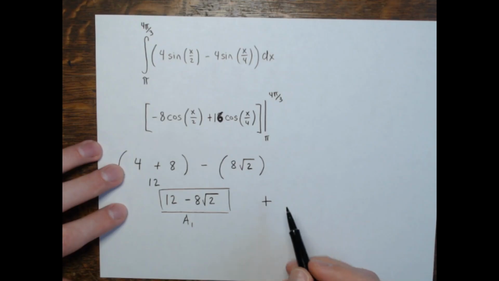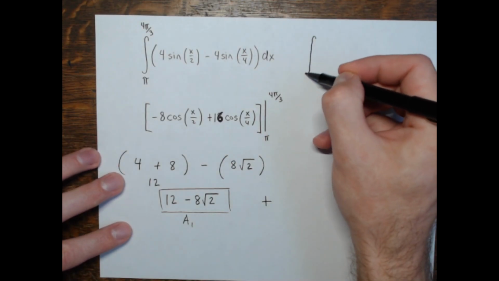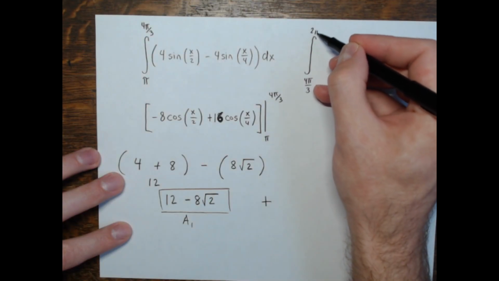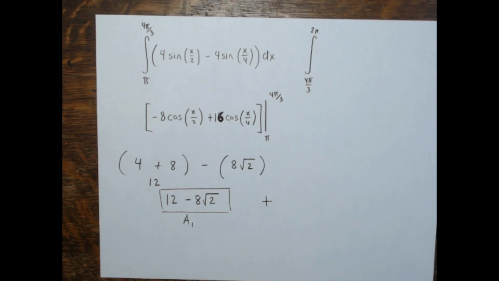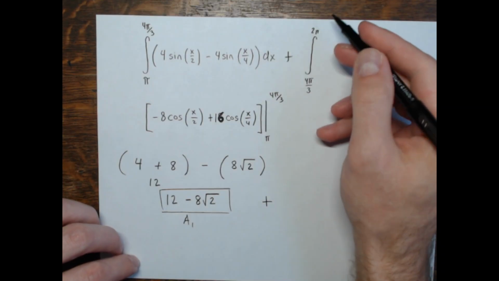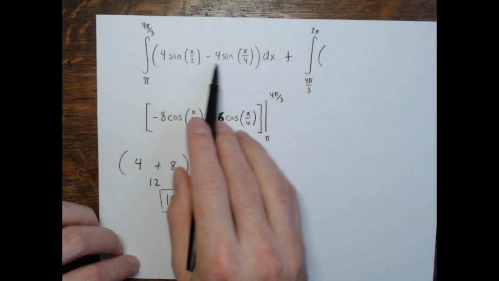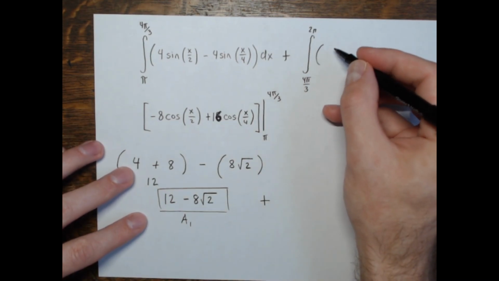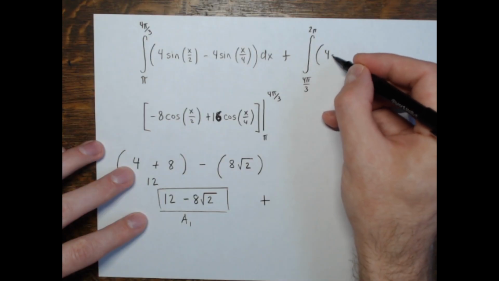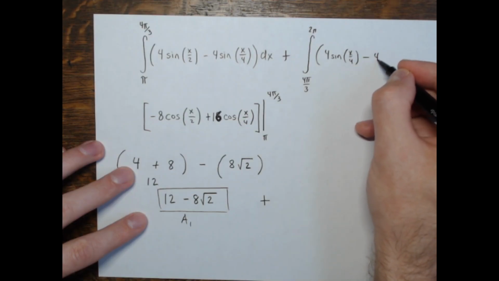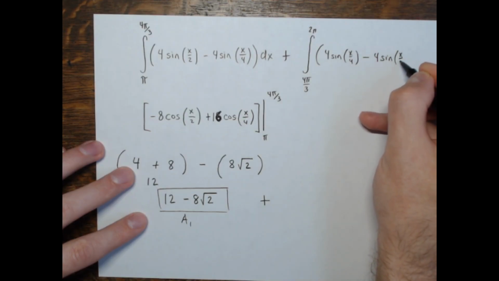And then we're going to add to that the integral from 4 pi over 3 to 2 pi for the other one, where they met. Again, everything's just going to be opposite pretty much here, and then I'll plug in the values. So it's going to be 4 sine of x over 4 on top now, minus 4 times the sine of x over 2 on the bottom.